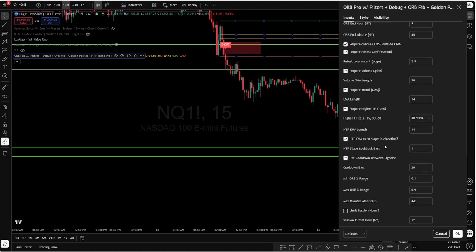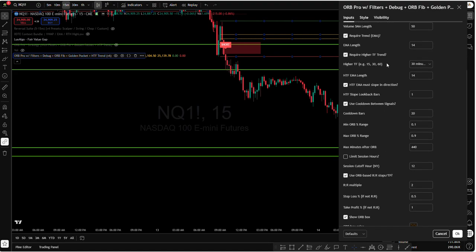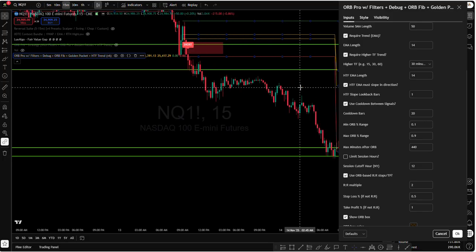I also created in this a way to make sure that things are moving in the higher time frames. A lot of times we're moving from time frame to time frame. A lot of smart money concept traders will look at the 4 hour, then move down to the 1 hour and 15 minute, and so on and so on.